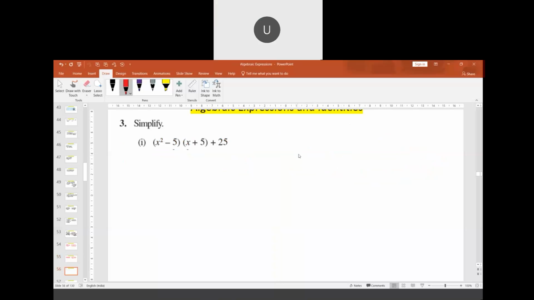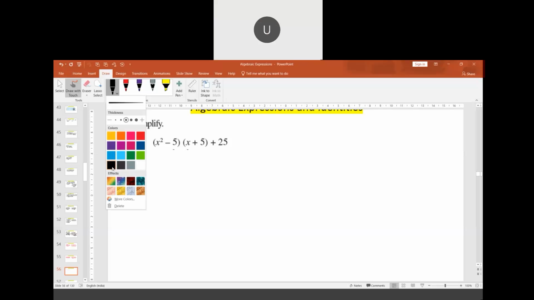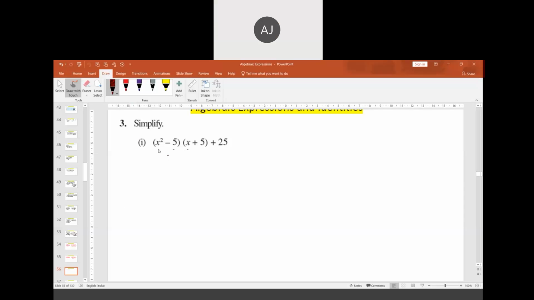In the next question, we need to simplify. First we multiply, then we add these terms, plus 25 afterwards. Most of you will go wrong in solving this, because plus 25 is there in the expression.